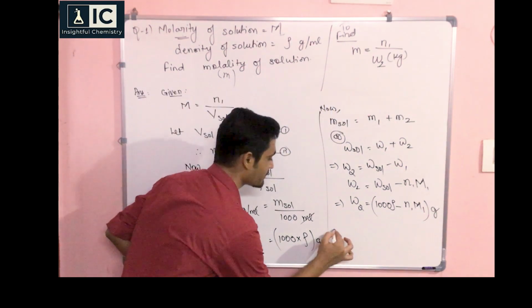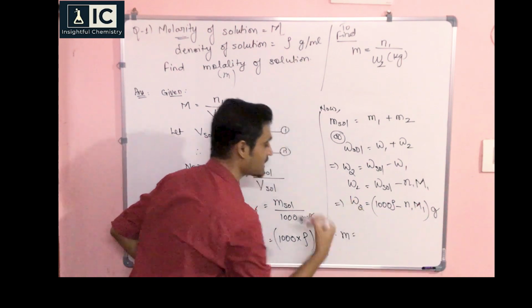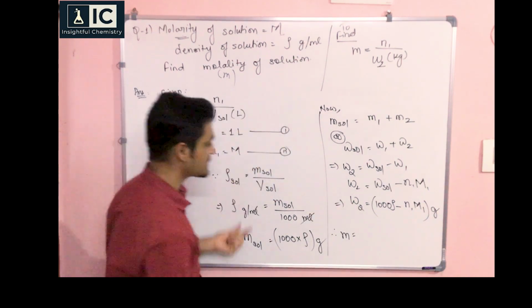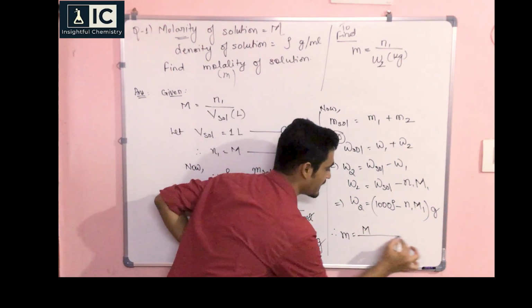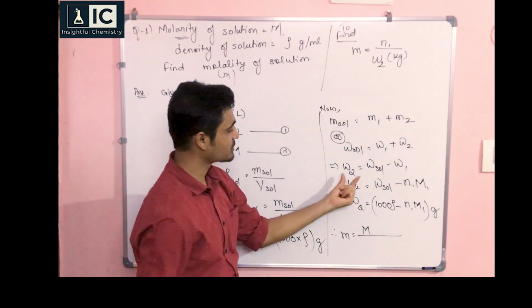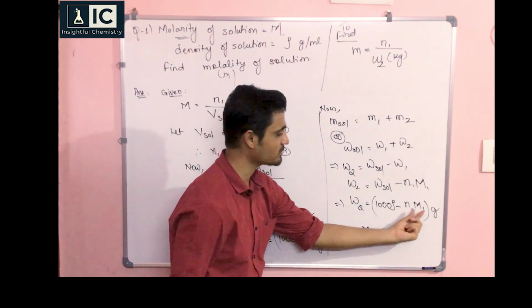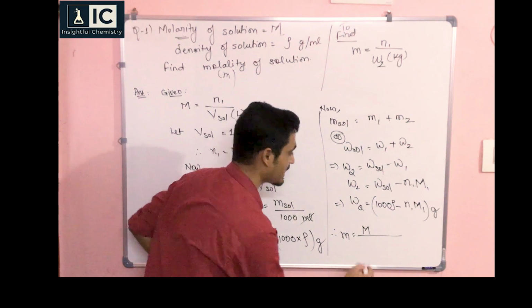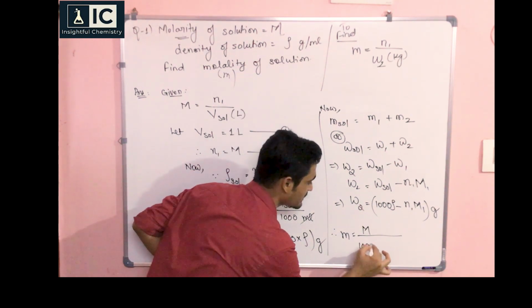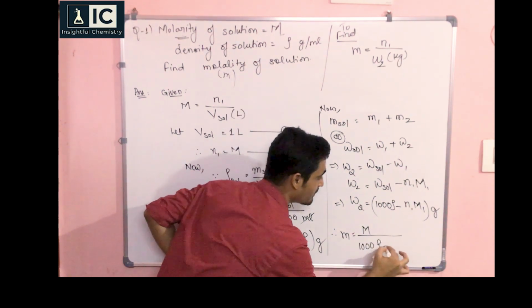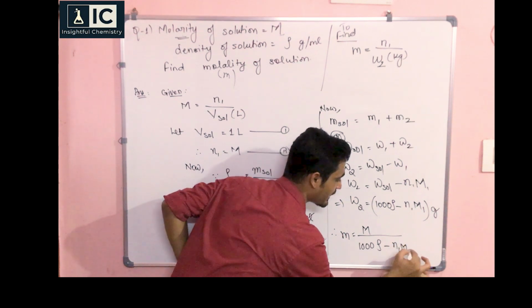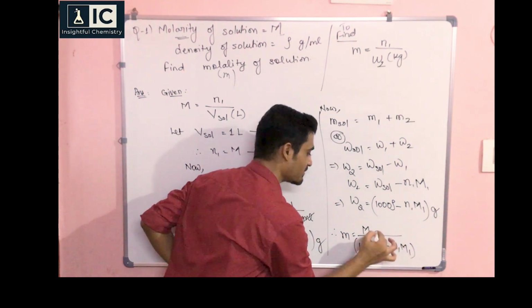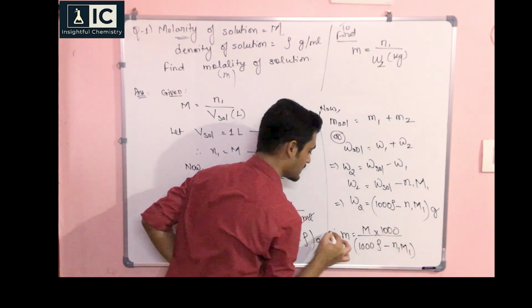So therefore molality will be equal to N1, which is capital N, divided by W2. So W2 I have got 1000 rho. Now this is in gram, so what I will be doing? This is 1000 rho minus N1 M1, divided by 1000. Done.